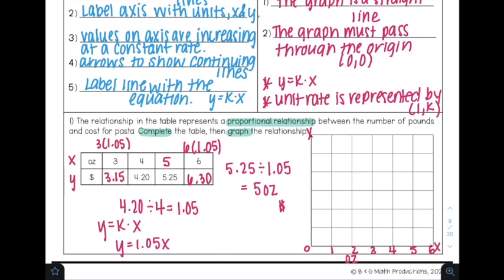My cost I'm going to increase by the unit rate, which is $1.05. $1.05, $2.10, $3.15, $4.20, $5.25, and $6.30.